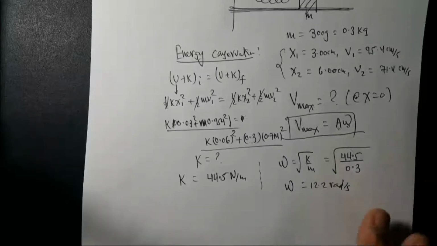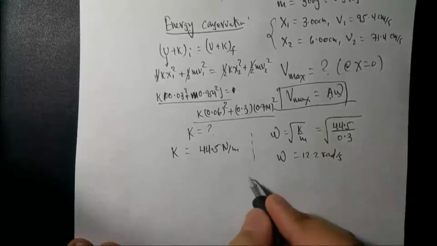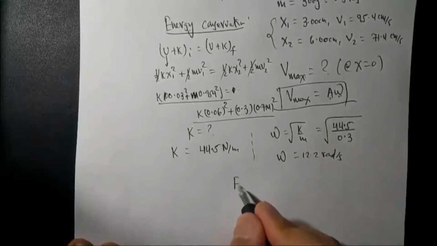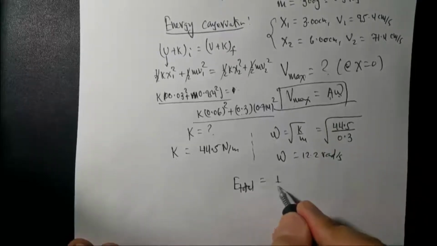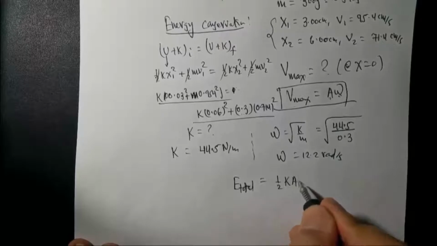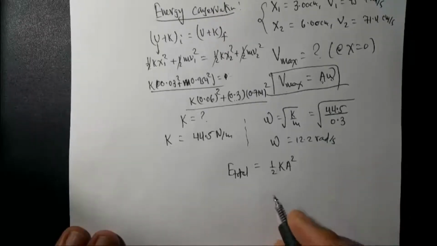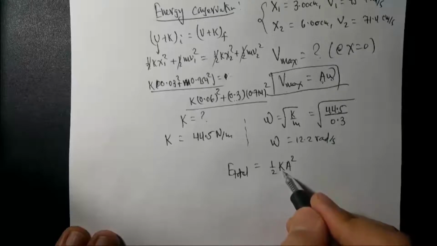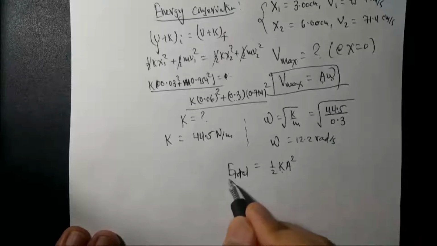So how do you find that? You can find the amplitude with the total energy. Since total energy doesn't change, it is constant if there is no friction. This is the formula for total energy in a mass and spring oscillator. Since we already know K, we can find the amplitude.